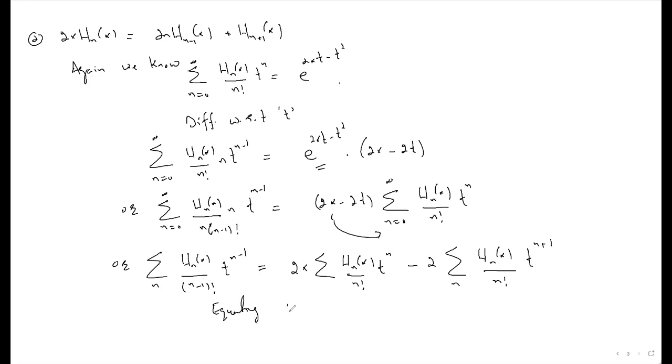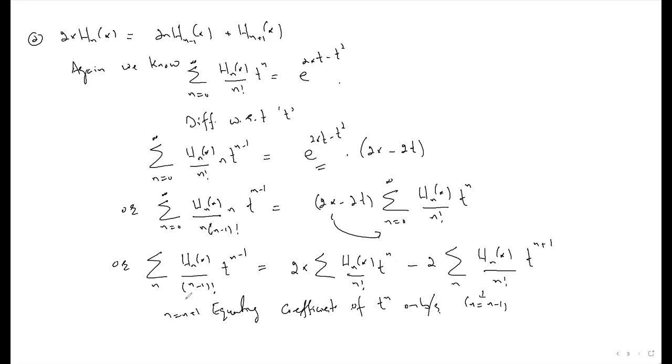Equating coefficients of t raised to power n on both sides. Here it's t raised to power n minus 1, so I will just make n equal to n plus 1 here. It's n here, so I am not going to do anything with this. It is n plus 1, so here I am going to make n equal to n minus 1.